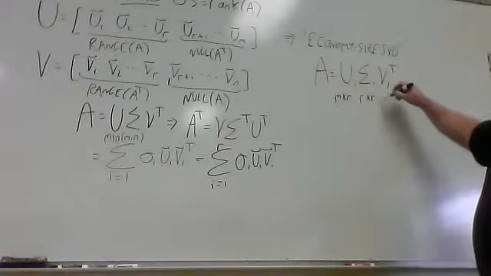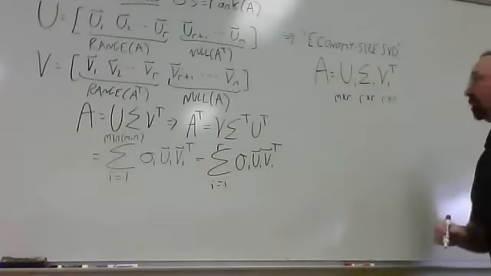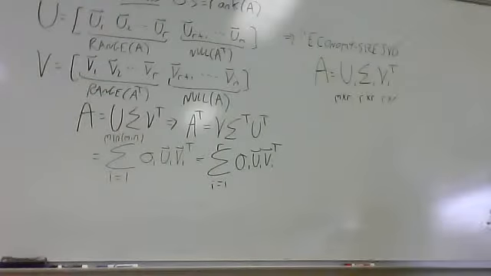And then V1 transpose would be r by n. So it's still exactly equal to A, you just have only the information you need.